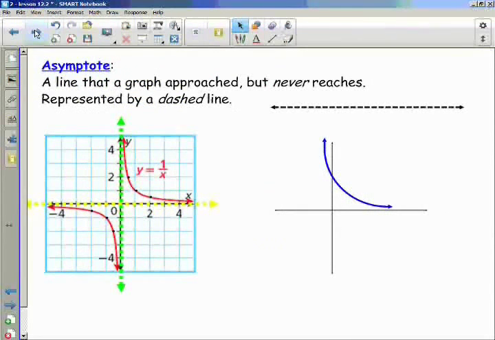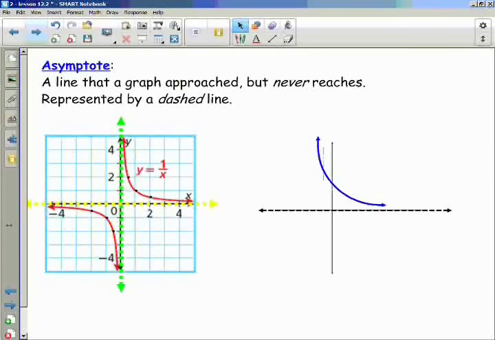So last piece of vocabulary, an asymptote, a line that a graph approaches but never reaches. It's represented by a dashed line. Okay? So if you remember when we did exponentials, this exponential here goes down. It's got a common ratio of less than 1, you could say. But what happens is this tails down to this dashed line of 0.